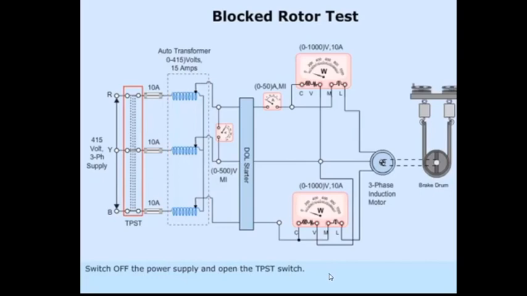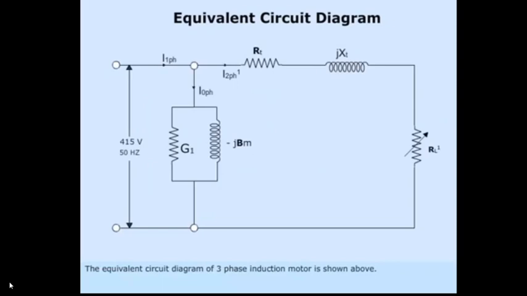This is the experimental setup for the no load and block rotor test. Then we have to find the equivalent circuit diagram also, which we discussed in the PDF. So we can move to the PDF, just a minute.